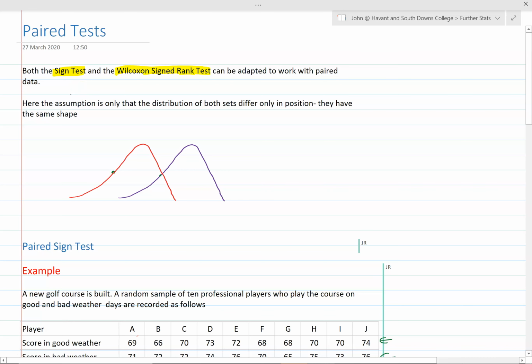Now, I have said that the Wilcoxon signed rank test, if you can assume that symmetry, is normally the best, most powerful test to do rather than the sign test. Because both of these work if the distribution of the original data is a similar shape, why would you ever do the sign test? Because the Wilcoxon is more powerful in these circumstances, and that's a good question.